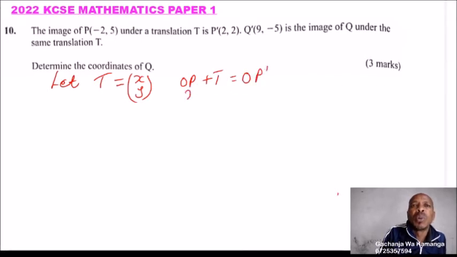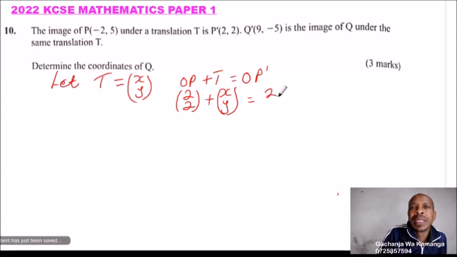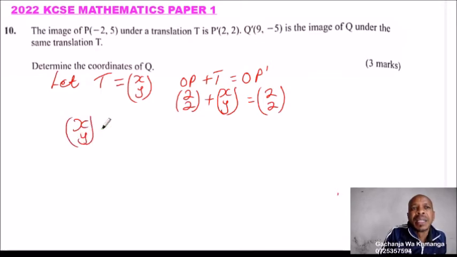So OP prime is (2, 2), those are the position vectors. OP plus T, where instead of putting T we can put x and y, which we have defined, should give us the position vector OP prime, that is (2, 2).